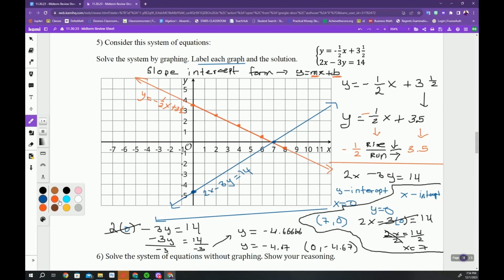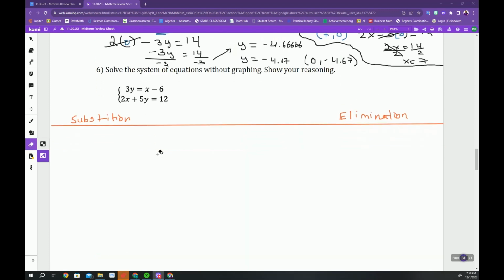Where they are graphed, the point of intersection is our solution. The solution is 7, 0. X is 7, y is 0. That's where the points intersect. That is the solution.